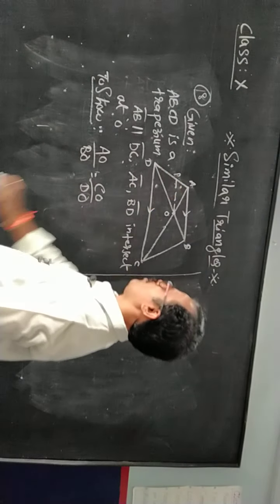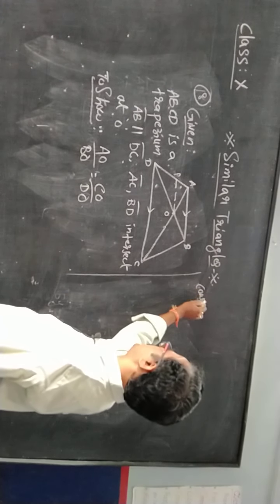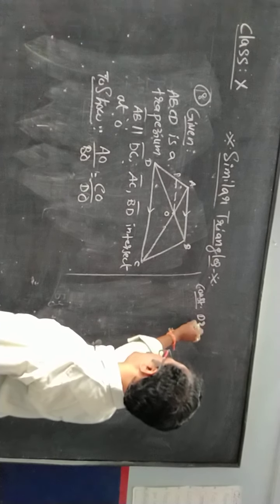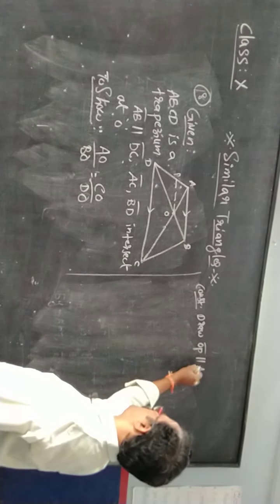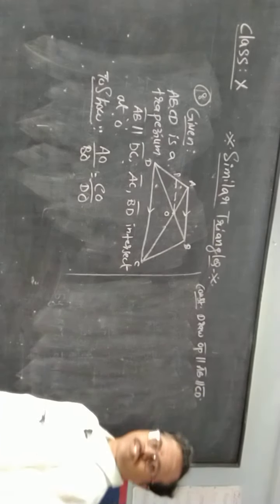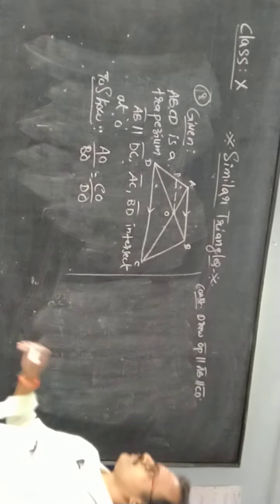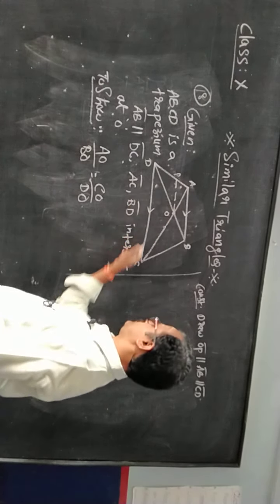Let it be OP. So I am taking a construction here. The construction is: draw OP line segment parallel to AB line segment, which is again parallel to CD line segment. Is it clear?